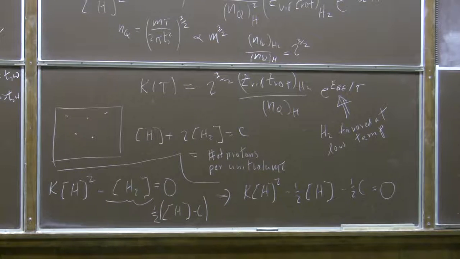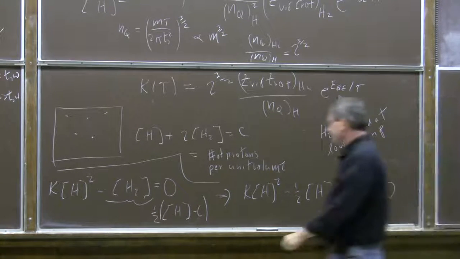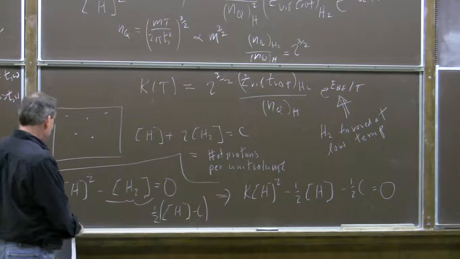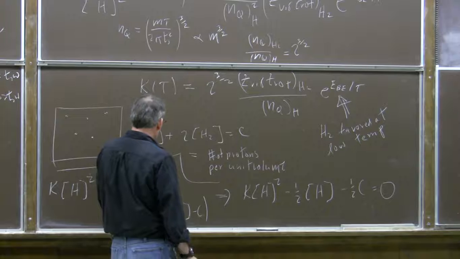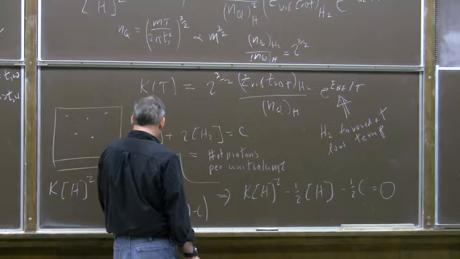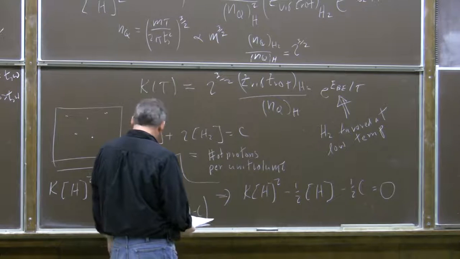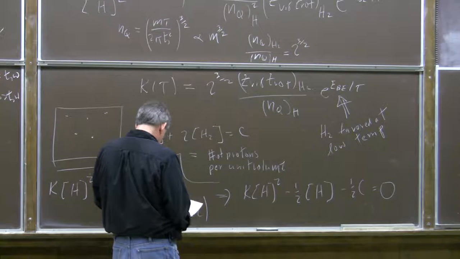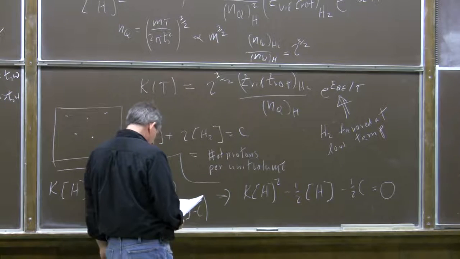Wait a minute. Right, this is, oh, I see. I have this was, minus 1/2, no, I guess that's right. K H squared minus 1/2 H. Why do I say it's minus 1/2 C?